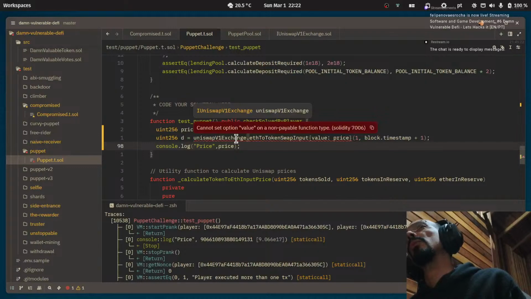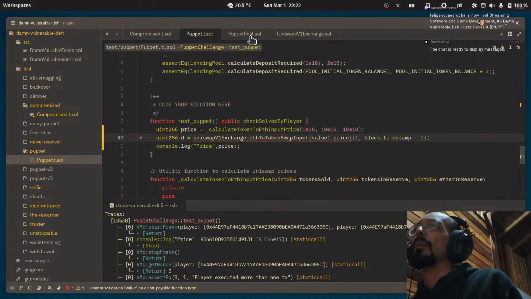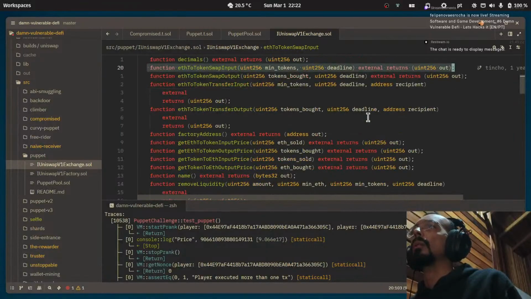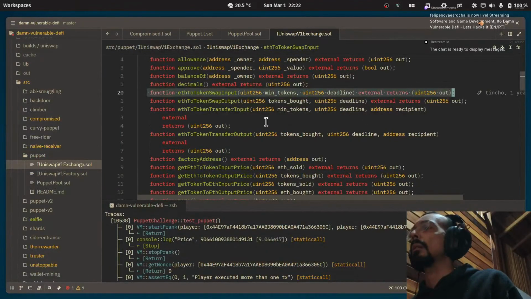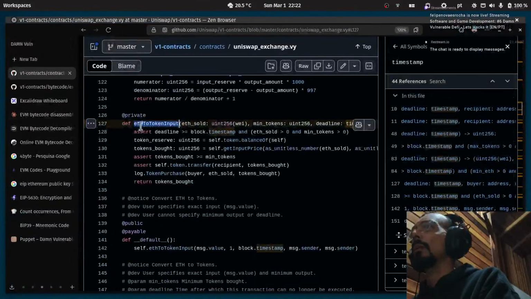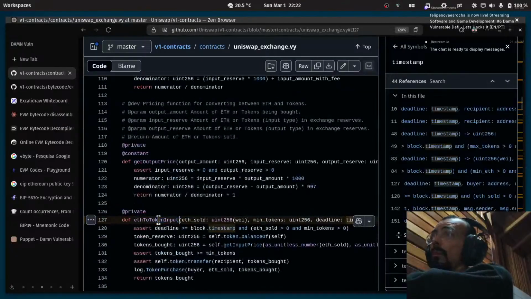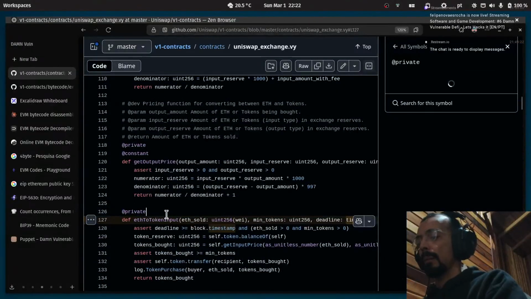Can I set option value on a non-payable function type? Oh, that's not payable? Oh, that's truly not a payable function. Wait. Wait a second.